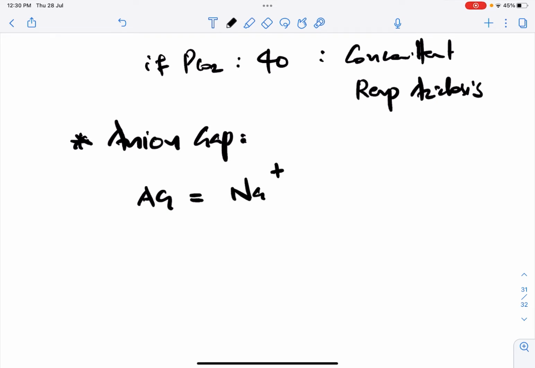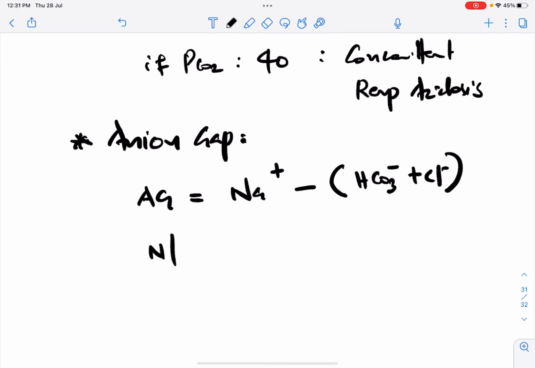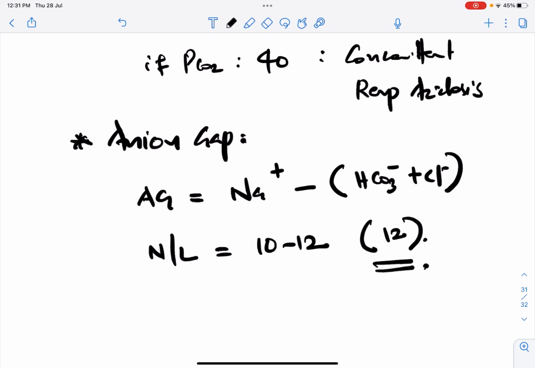The main cation is sodium, minus the anions, which are bicarbonate plus chloride. This is how we calculate anion gap, assuming the albumin is normal. The normal range of anion gap is 10 to 12. For calculation purposes, we will take 12 as the normal value.